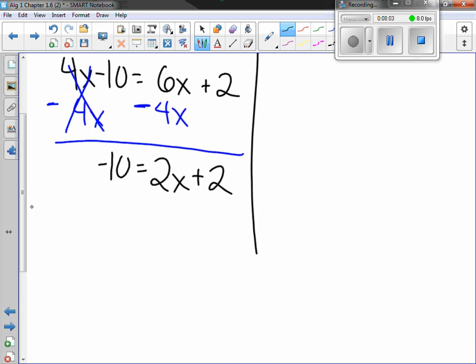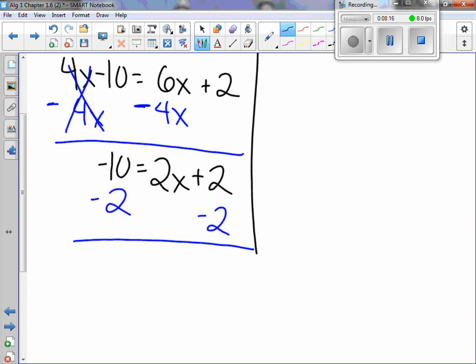Any questions on how we got to this point here? We good? Well, at this point here, we're going to do what? We still need to get x by itself, so we're going to subtract 2 from both sides. And when we subtract 2 from both sides, well, 2 minus 2 is going to cancel. So we just have 2x left on the right side.